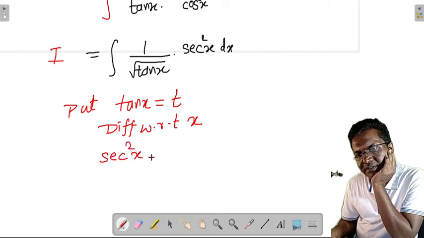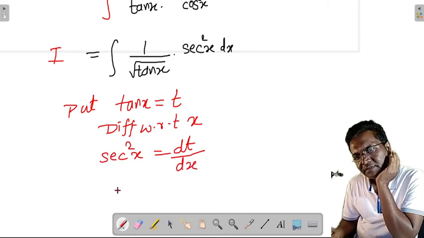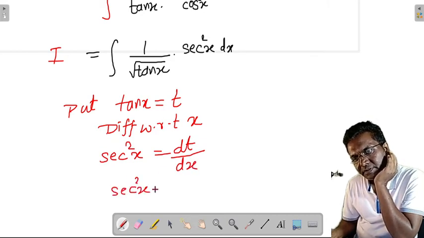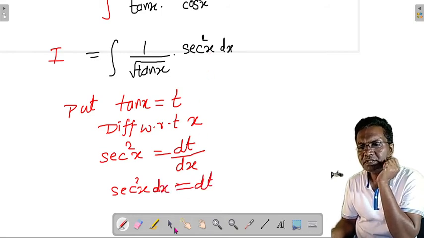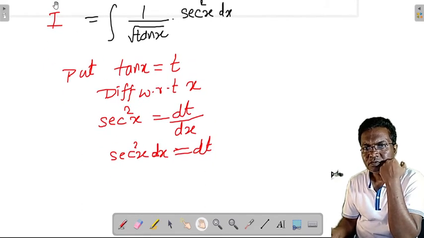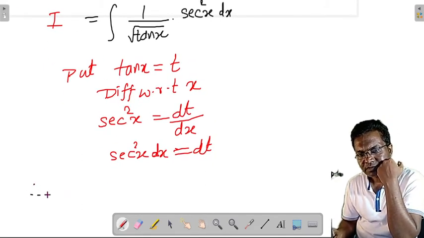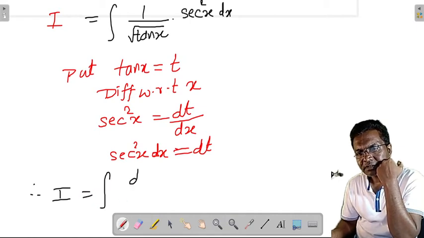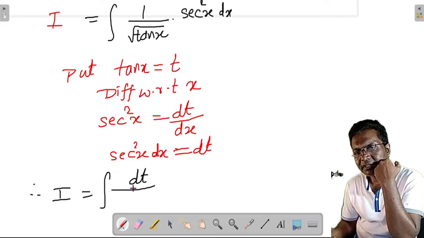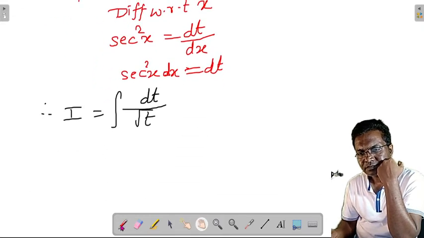So secant square x equals dt by dx, so secant square x dx is dt. Make the substitution in this. What does I become? I equals integration of dt divided by root t.